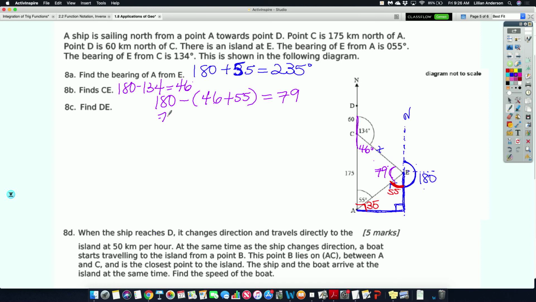So that's 79. Nope, that's not 79. That's 175 over the sine of 79 is equal to X, or CE, over the sine of 55.